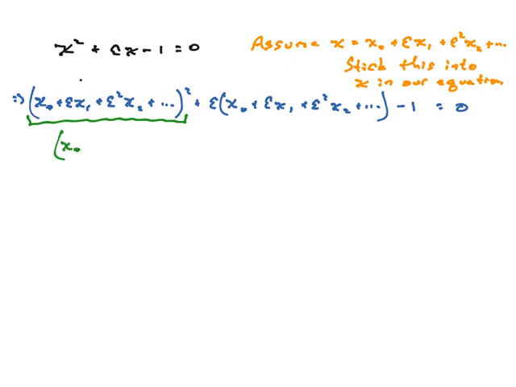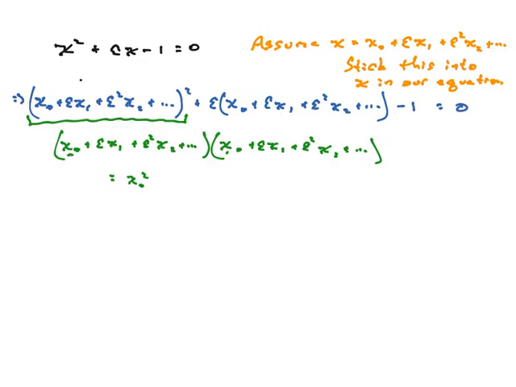But we have x naught plus epsilon x1 plus epsilon squared x2 dot, dot, dot, times itself, x naught plus epsilon x1 plus epsilon squared x2 dot, dot, dot. I want to multiply those two things together. What do I get? All right, well, I get x naught times x naught. That's x naught squared.